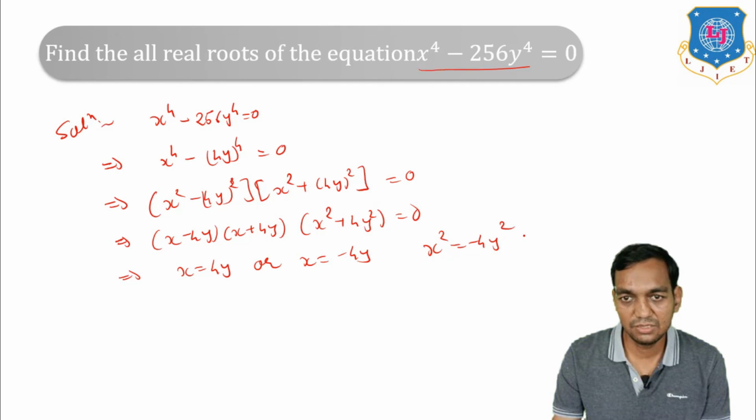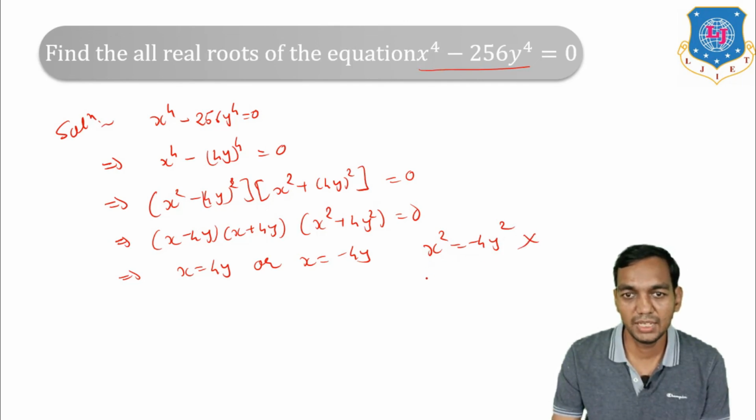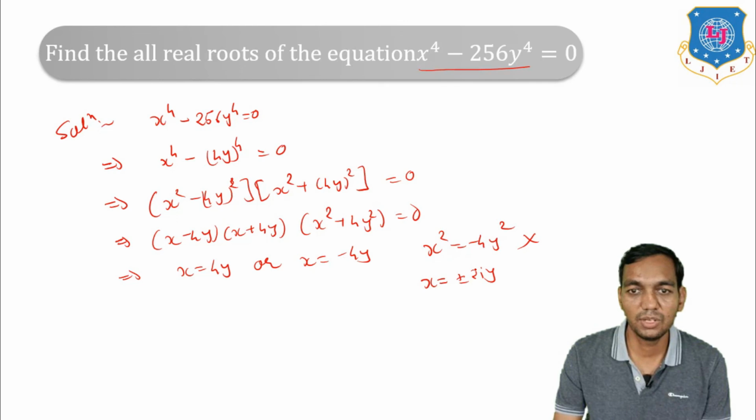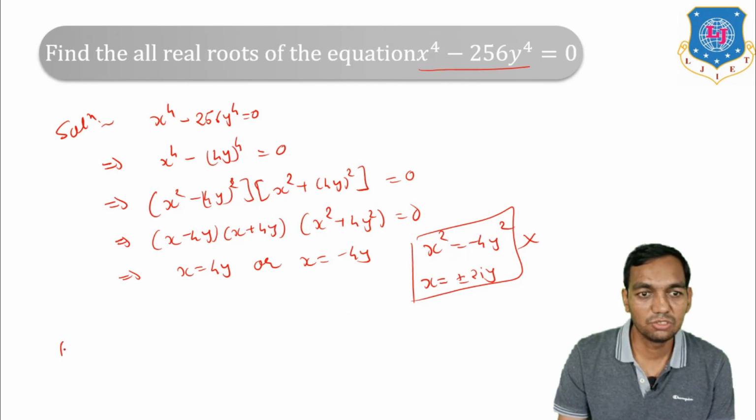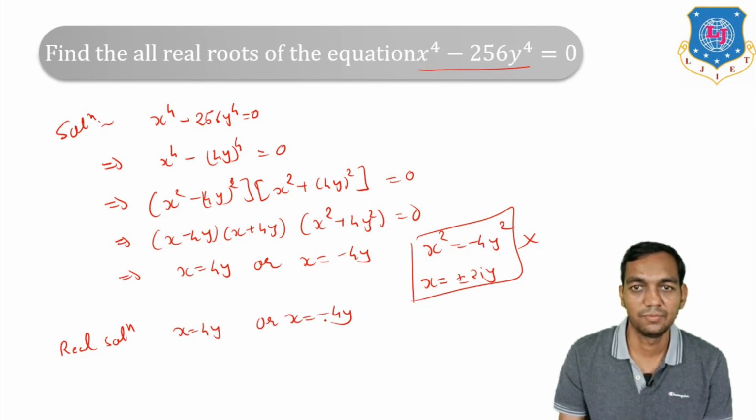So this is not possible for real roots, correct? Because if you are taking a square root, then you get plus or minus 2iy, because minus has a square root i. So this root is not possible. So the real solutions are x is equal to 4y or x is equal to minus 4y.